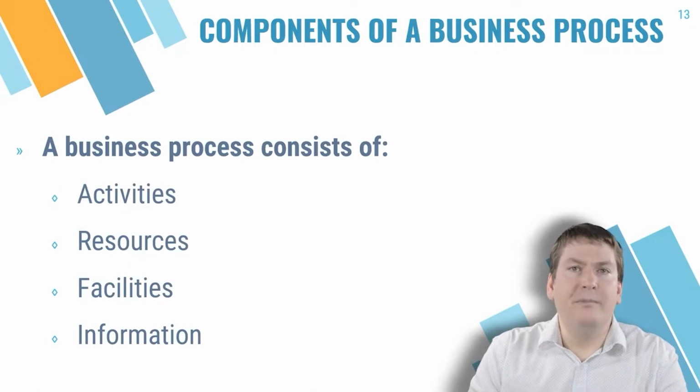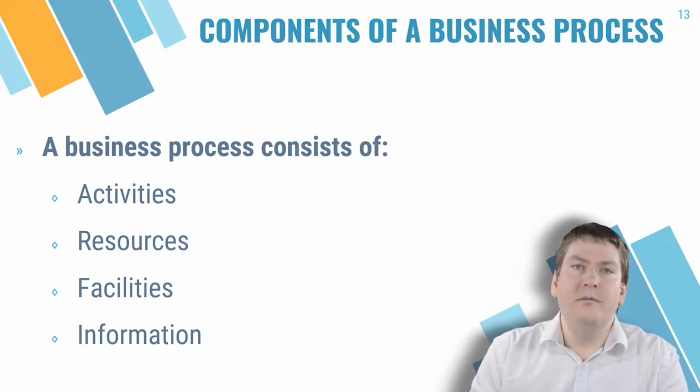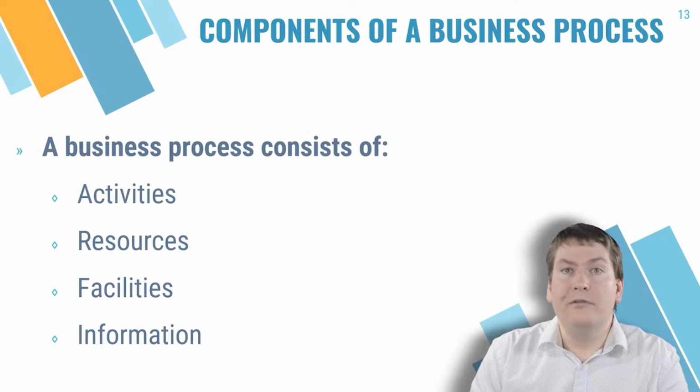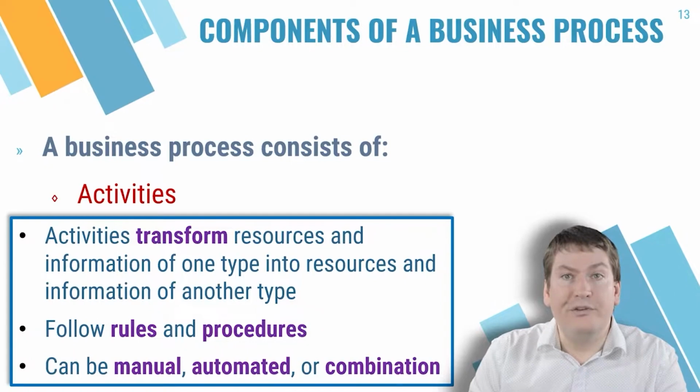So looking closer at business processes, we find that they are all comprised of the same four basic components, although the exact terminology and definitions may differ between organizations or textbooks you're reading. These components are activities, resources, facilities, and information. Activities transform resources or information from one type into another type by following rules and procedures.